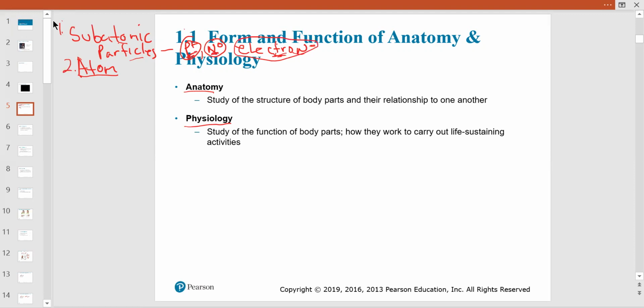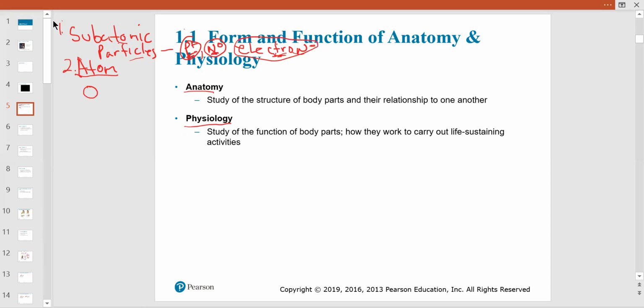So anybody take a guess, what are the 4 most abundant atoms or elements in the human body? Anybody know? Just name anything. Oxygen. Yeah, oxygen. Now that's not the oxygen we breathe, because the oxygen we breathe is O2, and that's a gas.